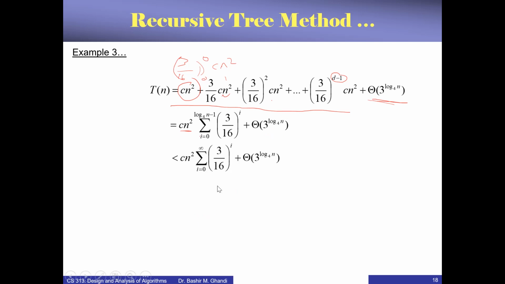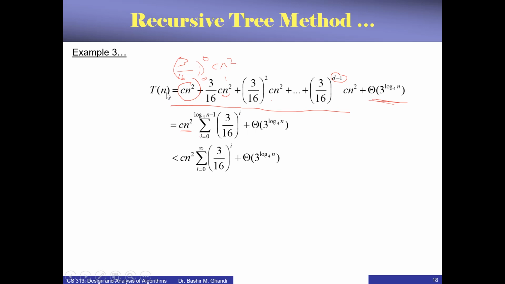Now, there is a very similar summation that can allow us to simplify this, which is the summation of i from 0 to infinity. Now clearly, instead of just stopping at this value, if we continue until infinity, then the result we're going to get is going to be bigger than what we have here.